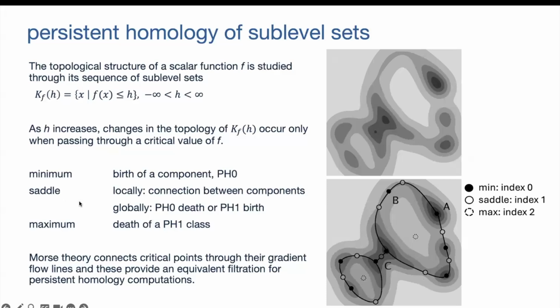And globally, saddle points can represent 2 components merging, or a saddle point can represent the birth of a 1-cycle, all right? And then obviously a maximum is when you cap off the mountain, for example, fill in a cycle, and so we have the death of a degree 1 homology class.